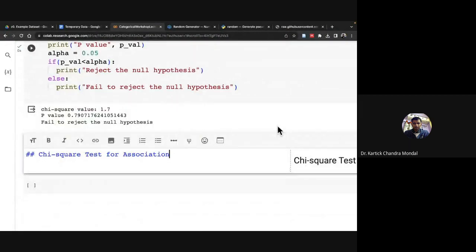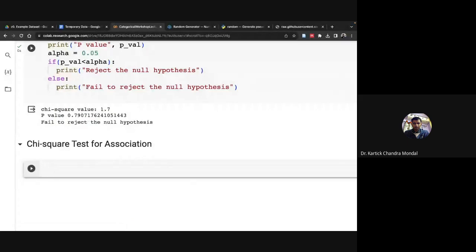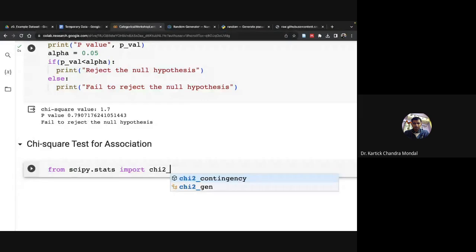So for this we will use one function from that same stats. So we will import it. From scipy.stats import chi2_contingency.